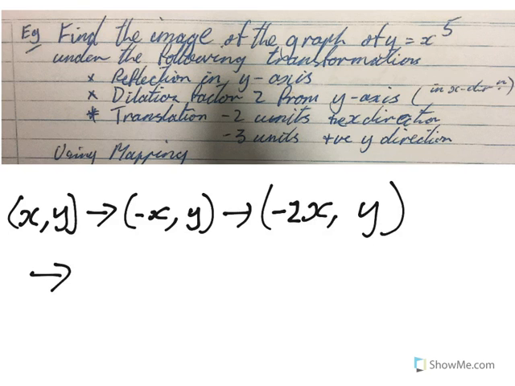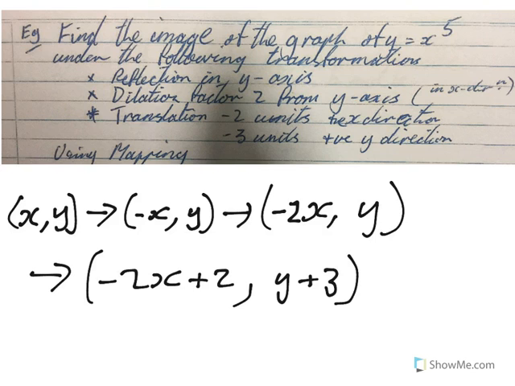Then it says translation 2 units in the x direction, so minus 2x plus 2, and I'll do these at the same time, and then 3 in the y direction. So that's what we get. So this is x dashed, and that is y dashed.